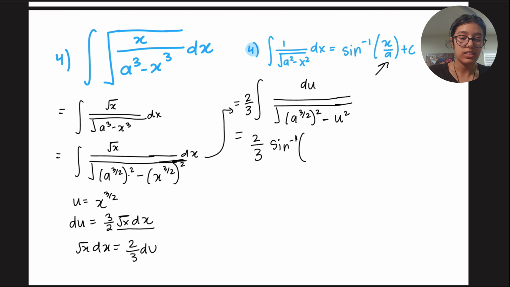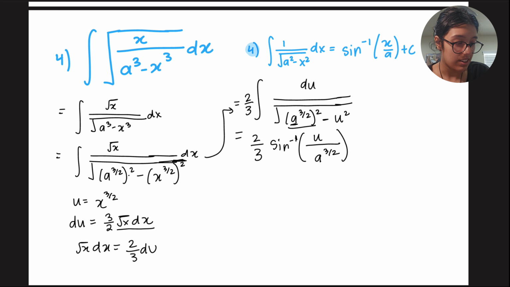X in this case, once again, it's u over here. So I'm just going to write u over a, which is the constant. The constant in this case is a to the power of 3 over 2. Make sure to not get confused between the a in here and the a over here. The constant in this integral is a to the power of 3 over 2 plus c.